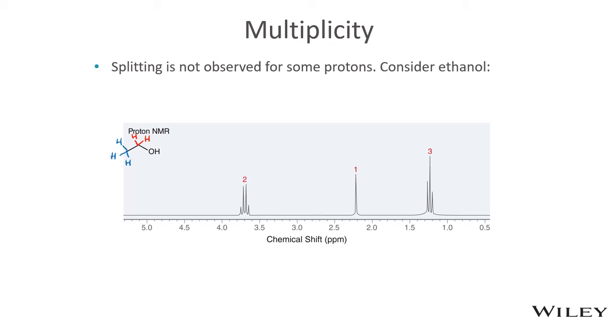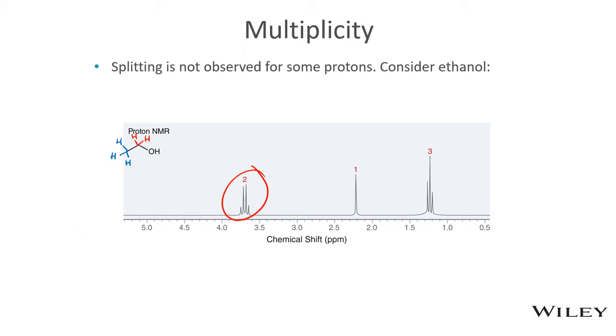And sure enough, if you look at the peak representing, let me change the color, if we look at the peak representing those 2 hydrogens, it is split into 4. That's because it has 3 neighbors plus 1, which means it's going to be a quartet. So essentially, the alcohol hydrogens are not participating in the splitting rules.